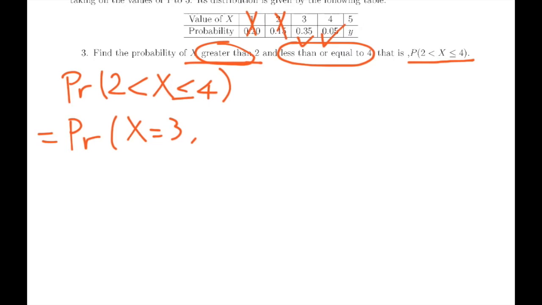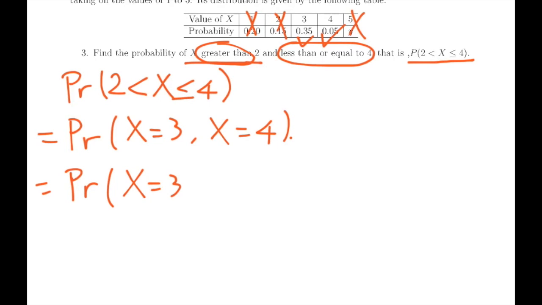So basically, if we want to find the probability of x greater than 2 and less than or equal to 4, we're looking for the probability of x equal to 3 and x equal to 4. Because x equal to 3 and x equal to 4 are disjoint events, by the probability rule, we can rewrite this expression as the probability of x equal to 3 plus the probability of x equal to 4.